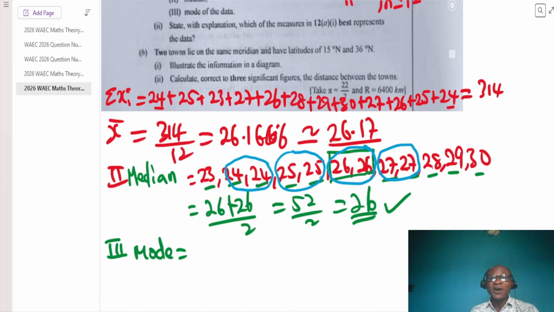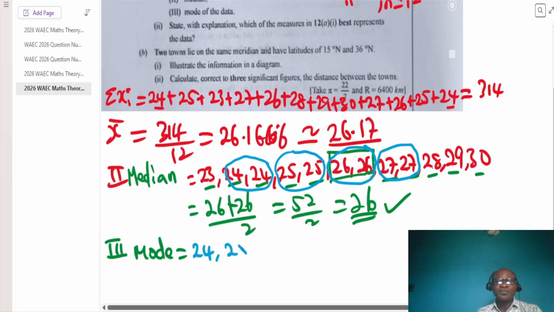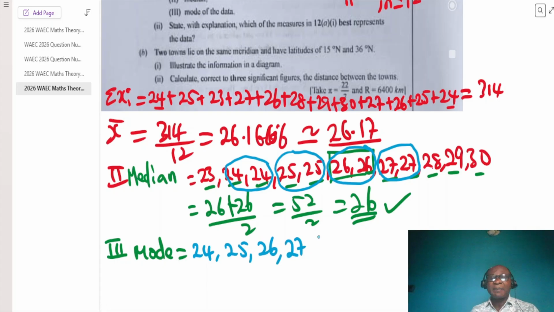So the 4 of them appeared an equal number of times. We can now say that the mode is 24, 25, 26, and 27. Each of them represents the mode because they appeared an equal number of times. This is what we call multimodal, meaning we have multiple modes.